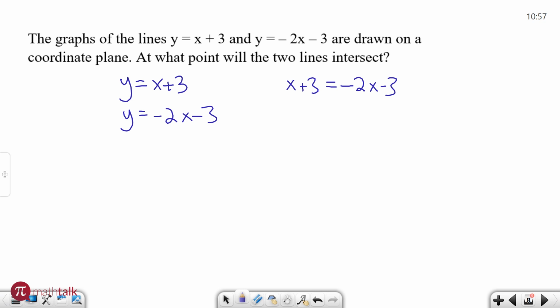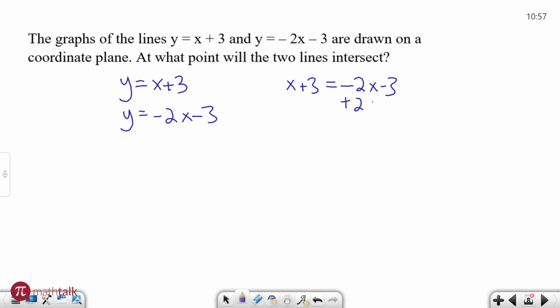Now I have an equation with just one variable, so I can solve for that variable, and then plug it into one of my original equations to solve for the other one. So let's do that. The goal of solving equations is to get your x's on one side and your numbers on the other.